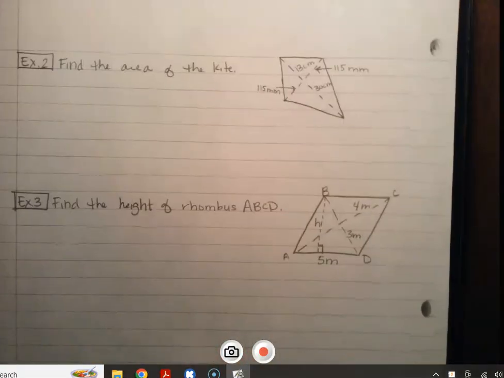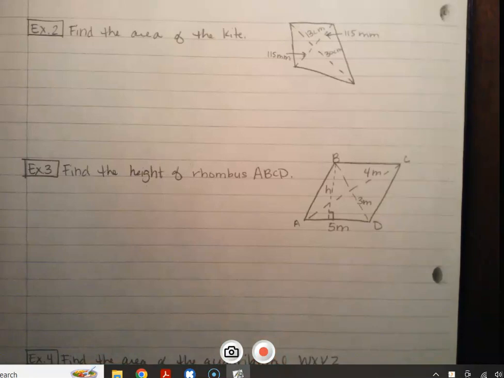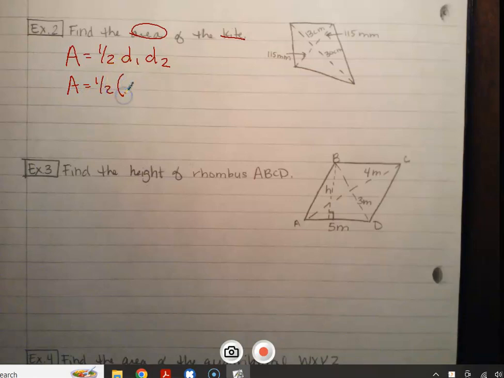Okay, so let's look at example 2. Find the area of the kite. All right, awesome. So this time our formula for area of a kite is 1/2 the product of diagonal 1 and diagonal 2. Now if we look at our measurements, we've got 13 and 30 centimeters, and then the other one is 115 millimeters and 115 millimeters.